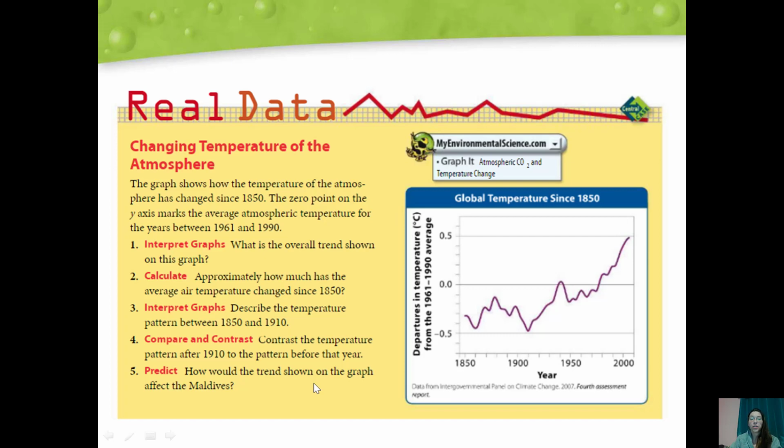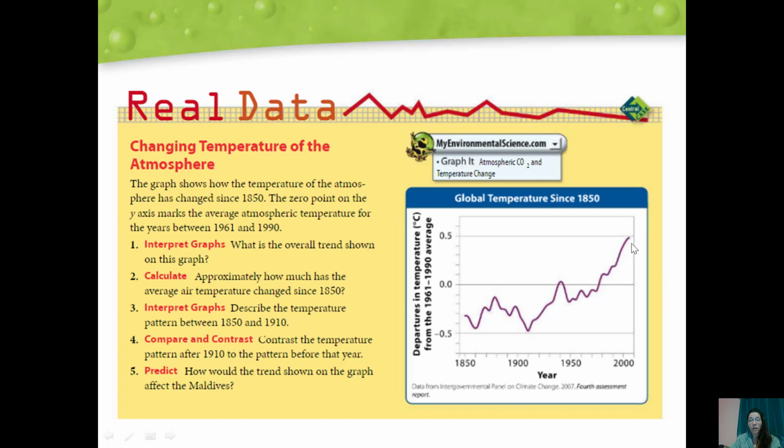Number 5, predict. How would the trend shown on the graph affect the Maldives? Well, we would say we're expecting to continue to see an increase in temperature based on the current trend. So something would have to happen to correct that trend to make it decrease.